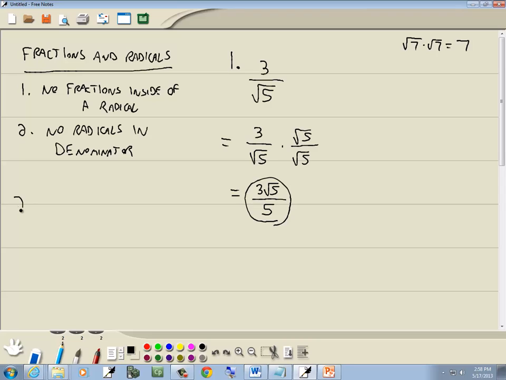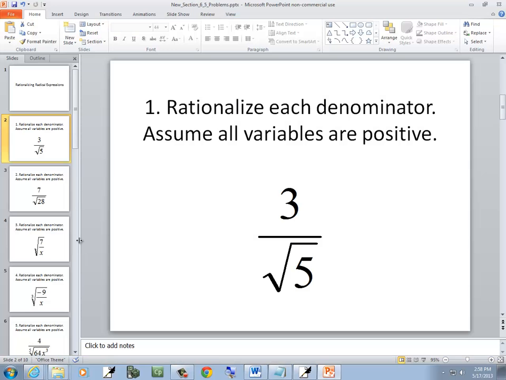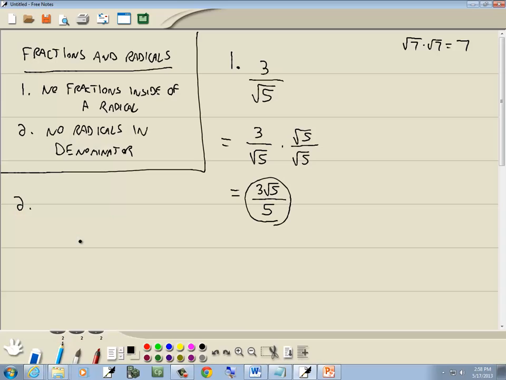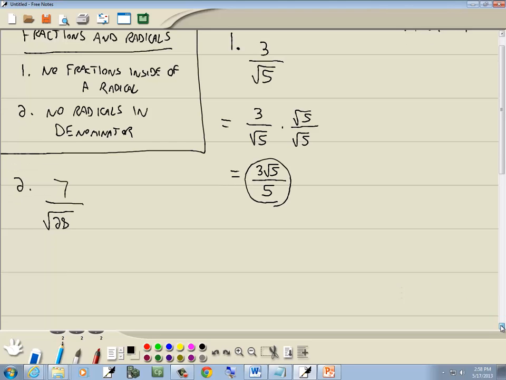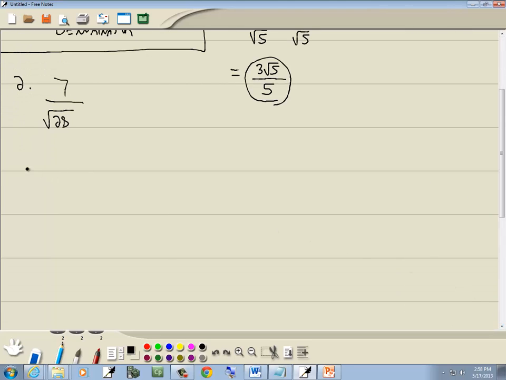Now we'll have to handle things a little bit differently when we don't have a square root down there, when we have a cube root or fourth root or something. Let's take a look at our second example. 7 over the square root of 28. Now remember, in an earlier lesson I said you should simplify a radical before you do anything. So that's what we want to do.